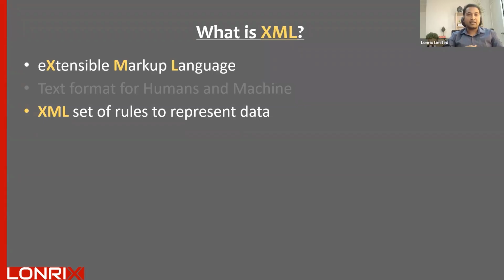Since then, XML has become one of the most popular forms of data exchange across multiple industries and disciplines in the world of software applications. The power of XML is that it has a very simple set of rules to represent data and the structure of the data, which I will explain in my next slides.